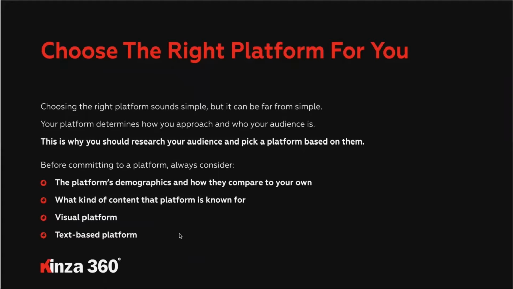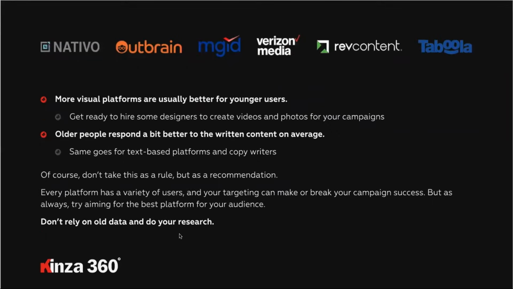So if you have a product that's in the sports world, that's going to be an important thing for you to know before choosing your platform, right? You also need to know what kind of content the platform is known for. Is it a visual platform or is it a text-based platform? Those are very important questions for you to ask yourself before choosing.